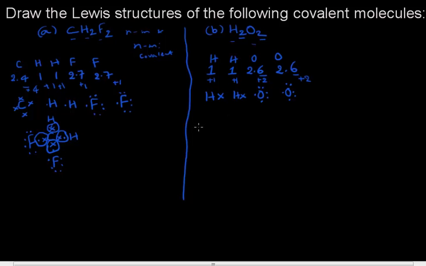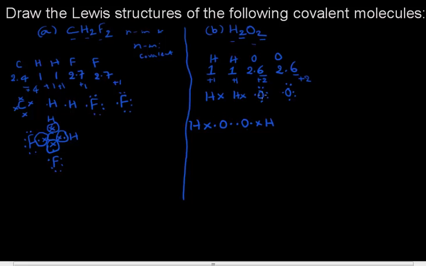So since hydrogen requires only 1, it's going to share 1 electron with that of oxygen, and this oxygen will share another electron with the other oxygen. Now this oxygen will share 1 more electron with the hydrogen. So each oxygen shares 1 electron with hydrogen and 1 with oxygen.